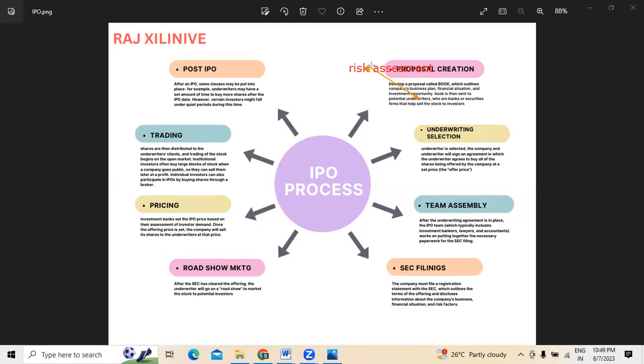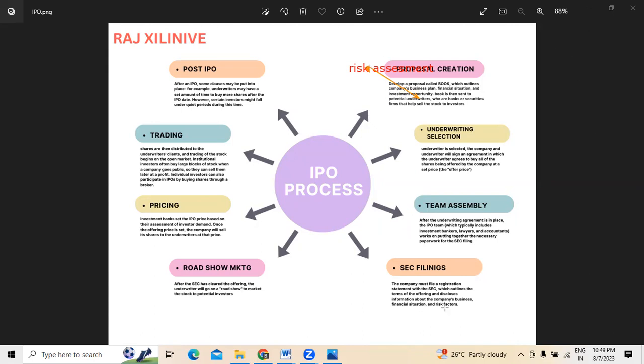So risk assessments will be done once the understanding of the financial situation, business plans and all that is there. There must be a risk assessment, risk identification and risk analysis made by the underwriters, and they have to give a report on that. That is essentially important in the first level.